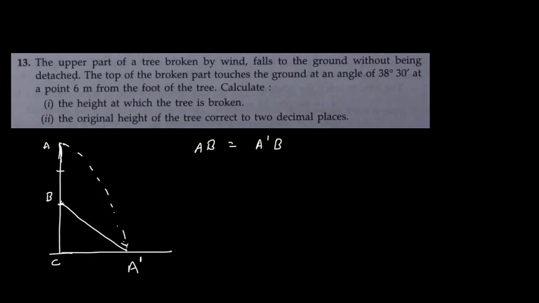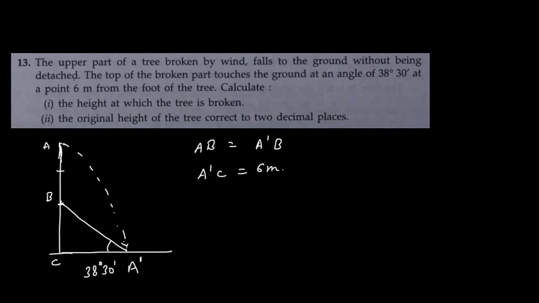The top of the broken part touches the ground at an angle of 38 degree. Now this angle is given as 38 degree 30 minute at a point 6 meter from the foot, and the value of this A dash C is given as 6 meter.